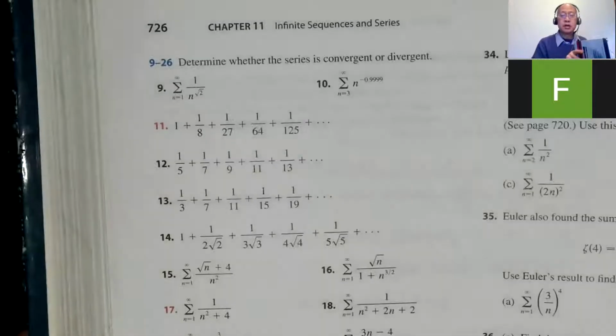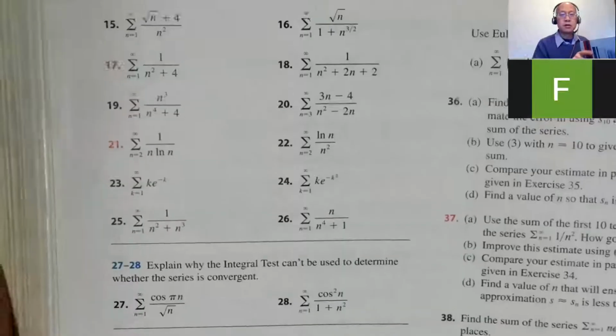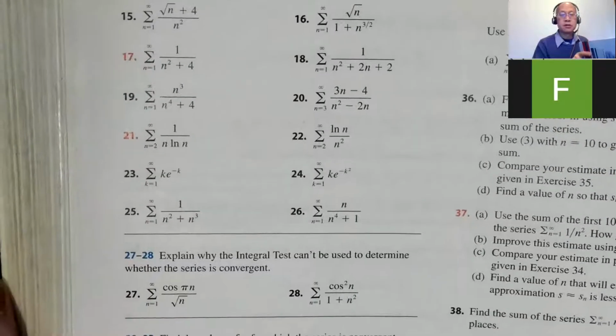Page 726, determine whether the series is convergent or divergent. Okay, so trying to see how much I want to do today.